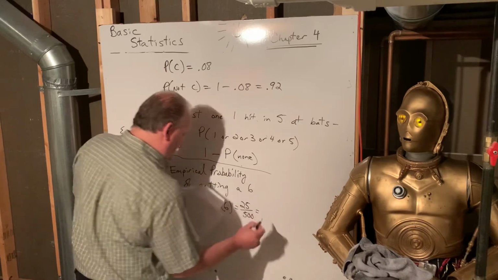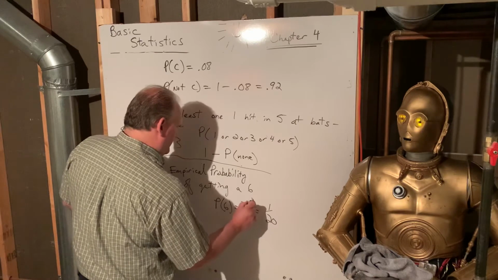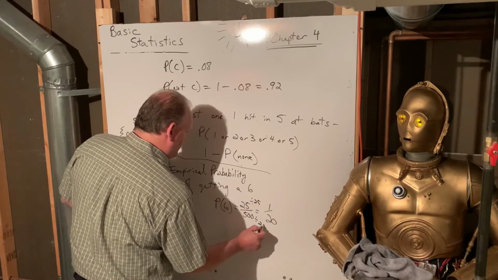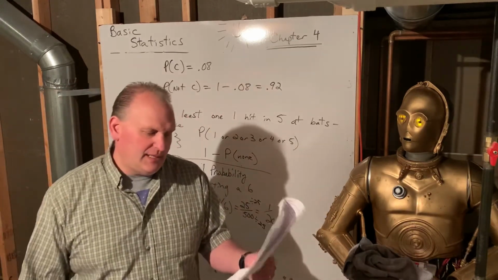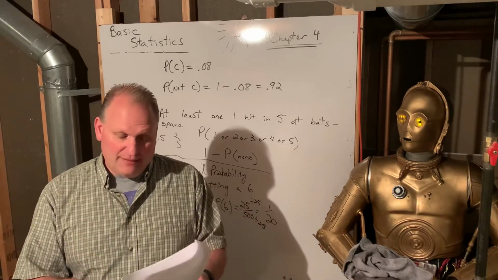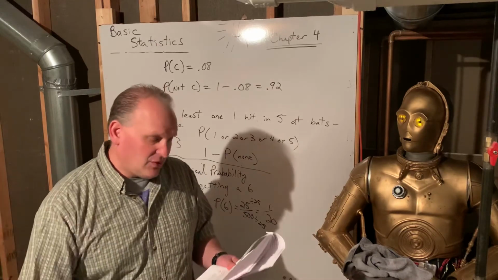Based on that experiment, it would only be 1/20th instead of what we would have expected, where we would expect it to be 1/6 for each one. Not 1/20th, but that's the difference between theoretical probability.